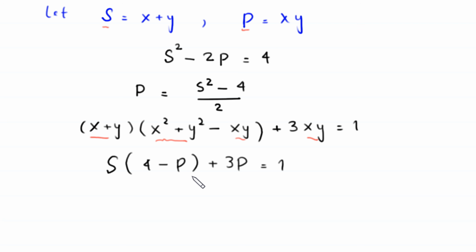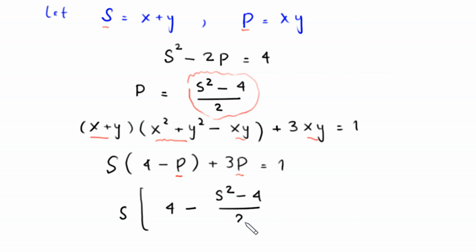Now in this equation we replace this p and this p with this value s squared minus 4 over 2. So this will become s times 4 minus s squared minus 4 divided by 2, plus 3 times s squared minus 4 divided by 2 equal to 1.